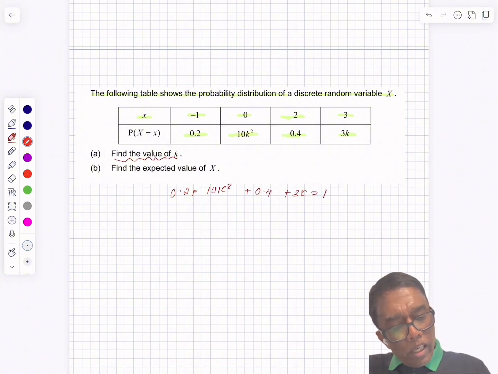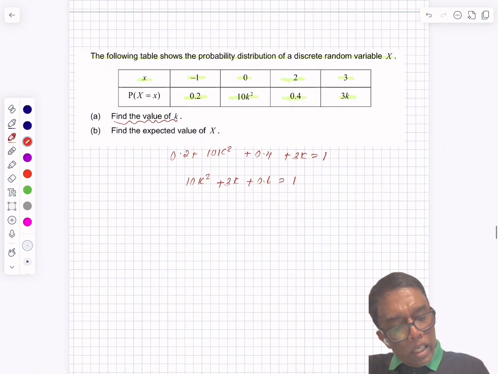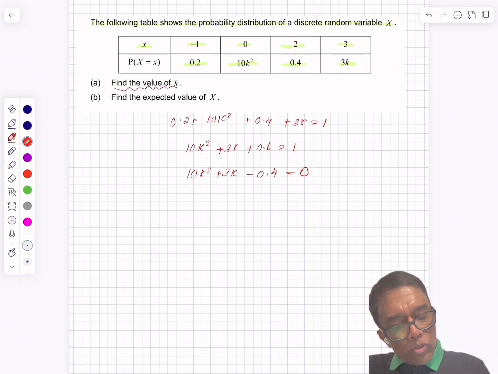10k squared plus 3k plus 0.6 is equal to 1. 10k squared plus 3k minus 0.4 is equal to 0. Now if I multiply this by 10, 100k squared plus 30k minus 4 is equal to 0.